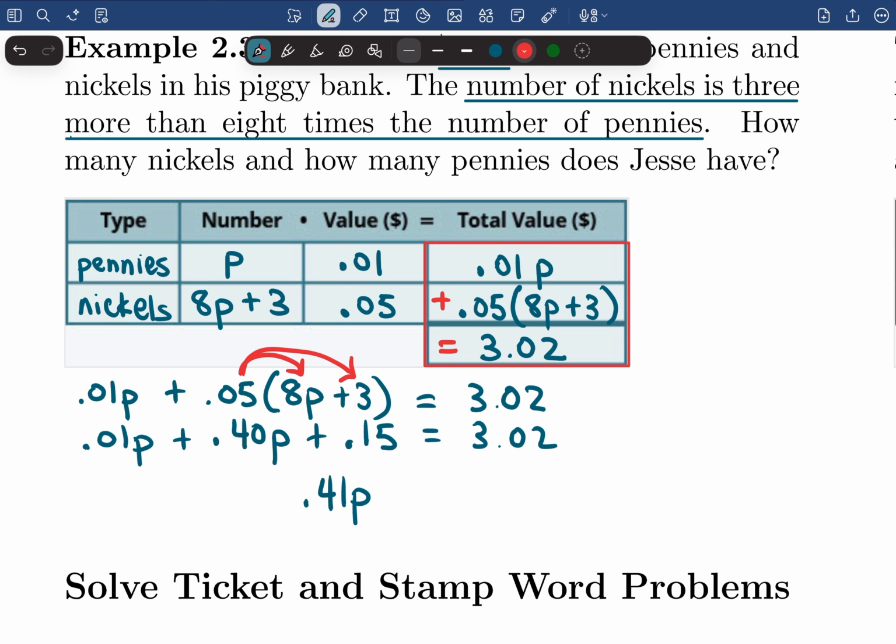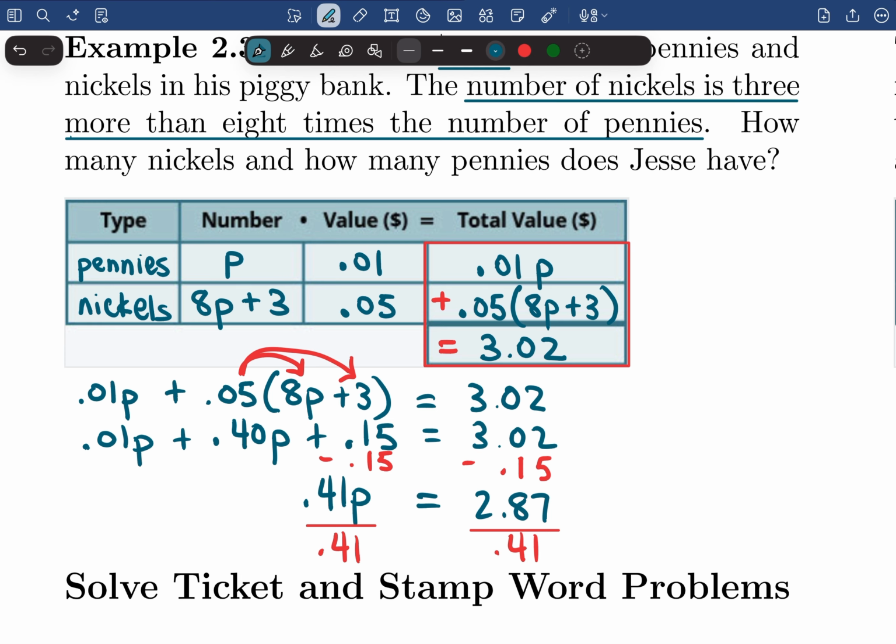And then the constants we want to move to the other side. So I'm going to subtract 0.15 from left to right. And $3.02 minus 15 cents is $2.87. Next, to finish solving for P, I'm going to divide 0.41 to the other side of the equation.